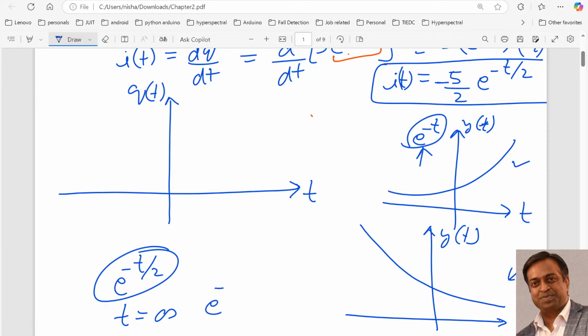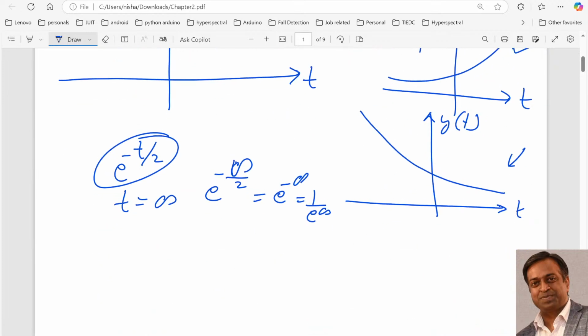So substituting this, I will get infinity by 2, meaning e power minus infinity, which means 1 upon e power infinity, and it means that I will get 1 upon infinity, which is equal to 0.